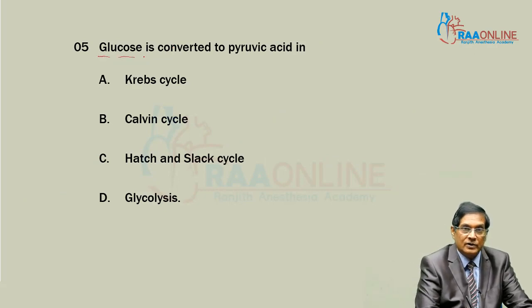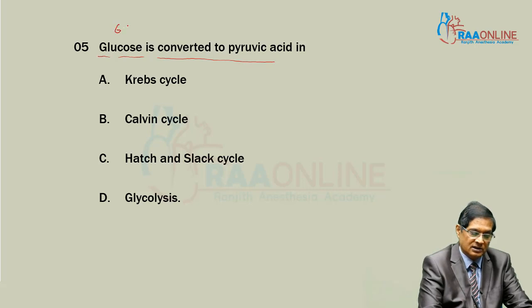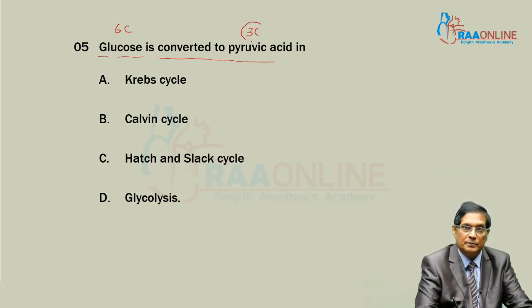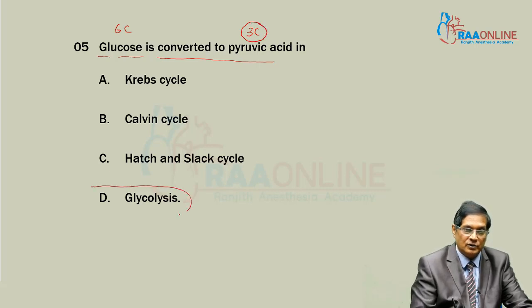Glucose is converted into pyruvic acid. Glucose is a 6 carbon compound, pyruvic acid is a 3 carbon compound. 6C becomes 3C by the process of glycolysis.